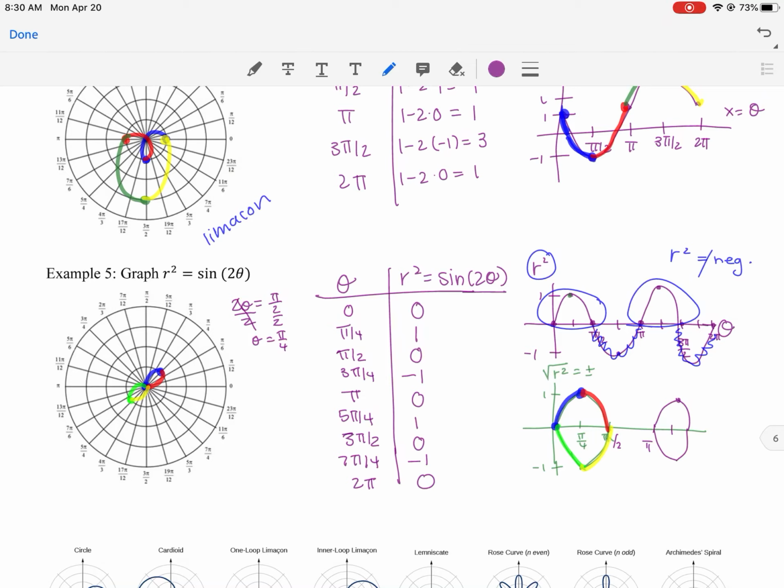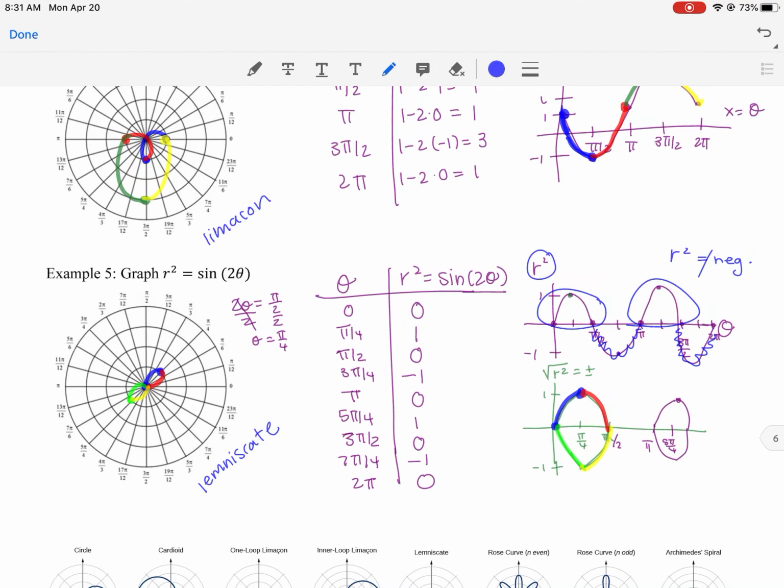If you actually graph these points, like 5 pi fourths, 1, 5 pi fourths, 1, you'll notice if I go 1 and then go 5 pi fourths, I'm actually plotting the same part over there. So it just duplicates what you've already done. So that's actually your entire graph. And if you want the fancy name for it, it's a lemniscate.